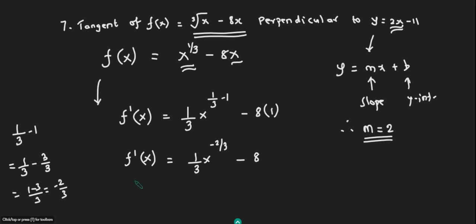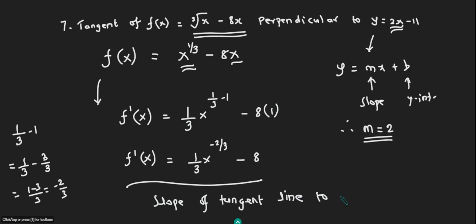Okay, so this expression f prime of x basically gives the slope of the tangent line to the curve f of x.